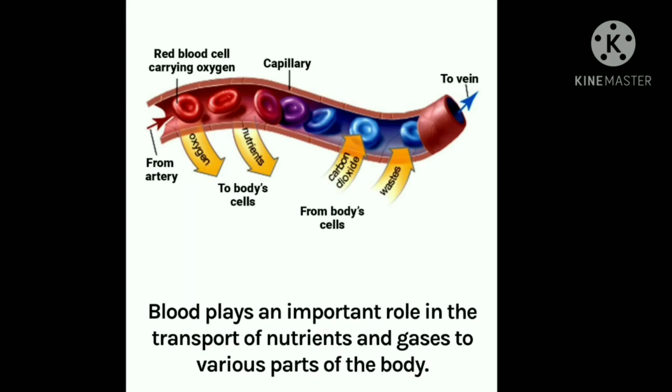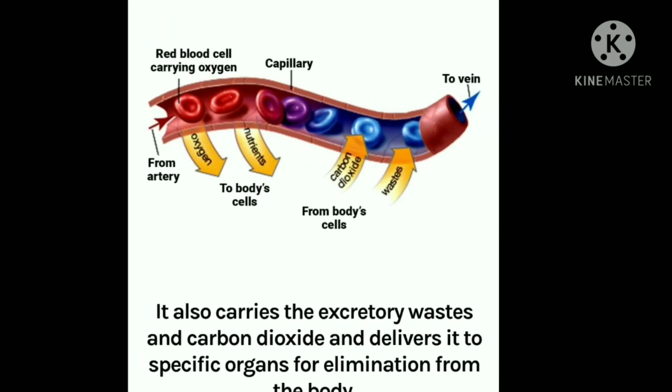When these red blood cells absorb oxygen, they again turn red. In this way they transport different types of nutrients as well as gases to various parts of the body.